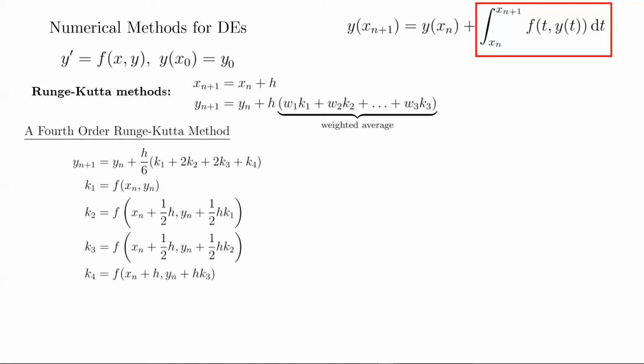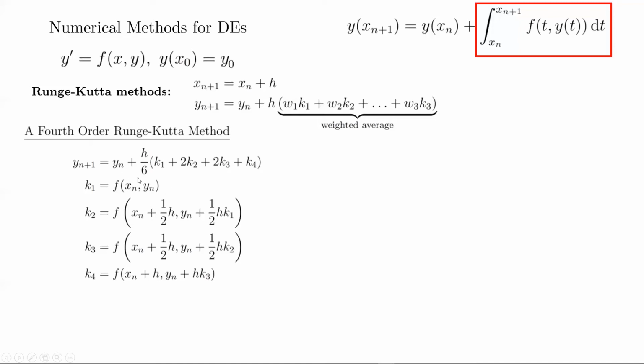If you recall, for the improved Euler method, we had to calculate y star, which was sort of one predictor step. Here we have 4 steps like that, basically. K1 is just going to be the function, the right-hand side of the ODE, evaluated at the start of the domain, xn, yn. K2 is a half step, so xn plus a half times h, yn plus a half times h times k1.